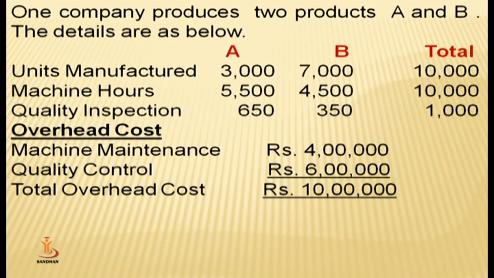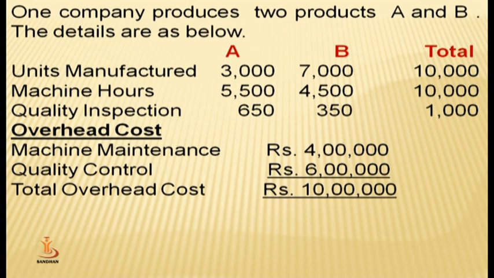Here I have given a very simple example to get a clear-cut idea of ABC costing. A company produces two products, A and B. Units manufactured are 3,000 and 7,000, total 10,000. Machine hours are 5,500 and 4,500. Quality inspections are 650 and 350.